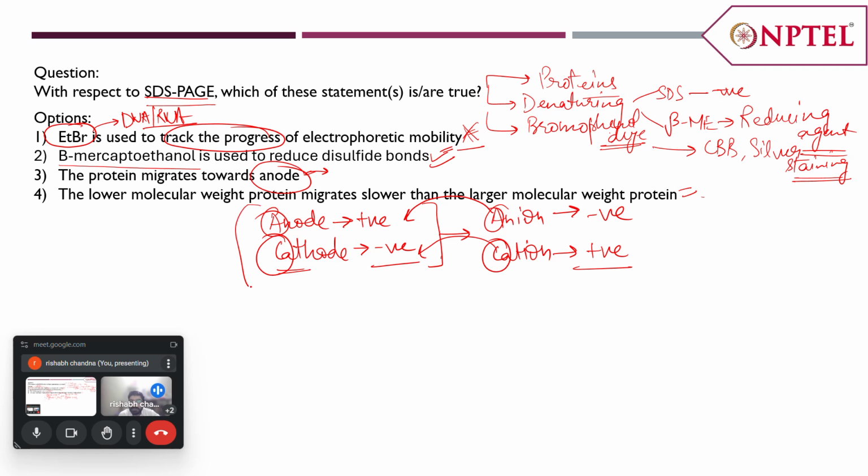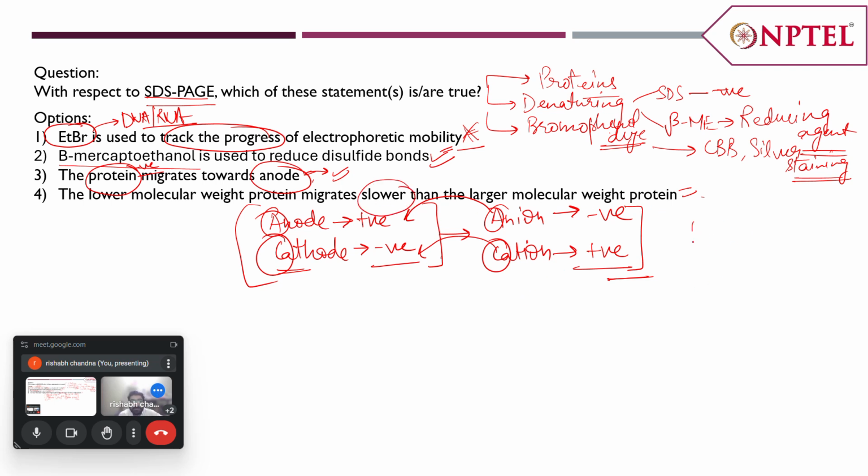So this is easier to remember. Now the protein, because it's negatively charged because of the SDS, will move towards the anode. So this option is also correct. Now, the fourth option: the lower molecular weight protein migrates slower than the larger molecular weight protein.